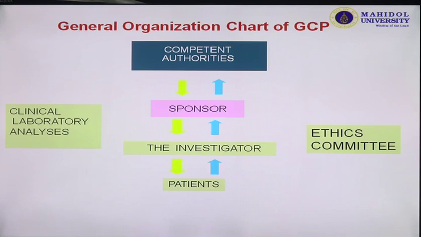Because when you do clinical research, the ethical concerns come as a burden to the PI or the trial manager, and not only the ethical concerns, but also the intricacy of the trial.